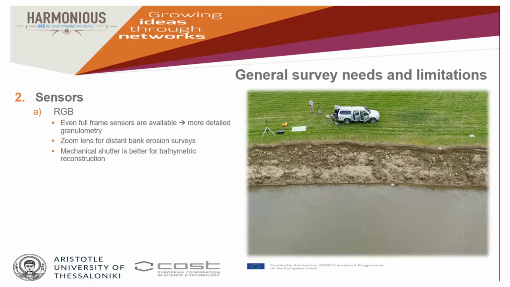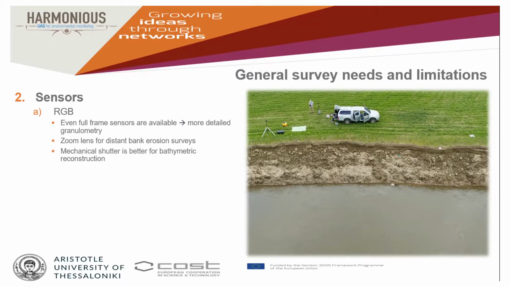If we move on to the sensors, I mentioned that the traditional survey is based on RGB imagery. Now with the recent advancements, even for consumer grade drones, and the new improvements on the enterprise grade drones, we can even use full frame sensors, which are much better for optical granulometric surveys, because they can fly from higher altitudes.